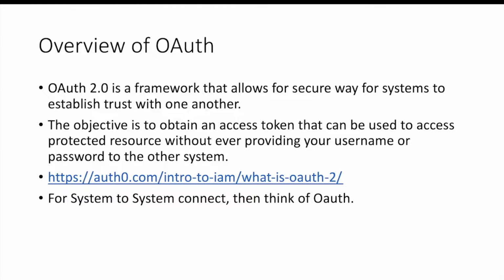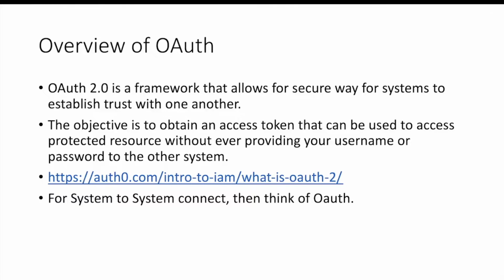So basically, if a third-party Java application wants to use Salesforce, and Salesforce here is considered a protected resource that has data in it, like account data, leads data, and if the Java application wants to get access to your resources like account data, and we don't want to give the Java application username and password, then what are we left with?